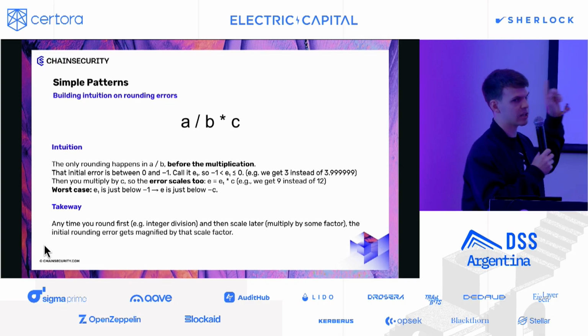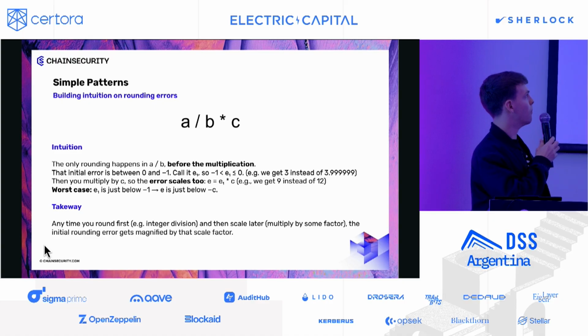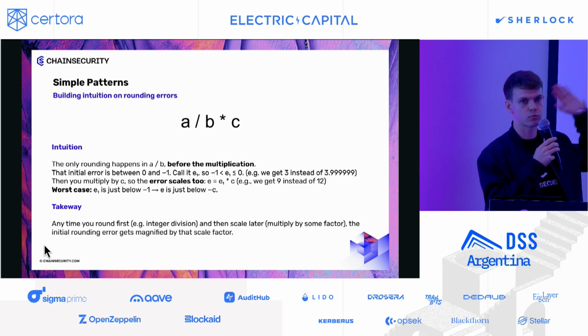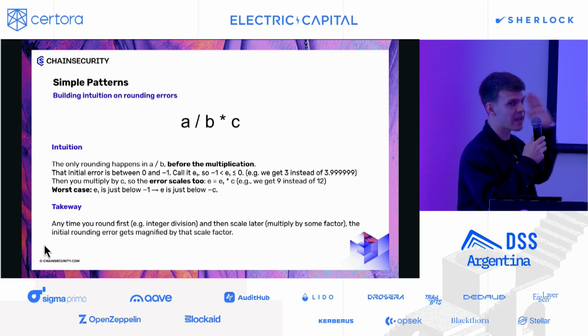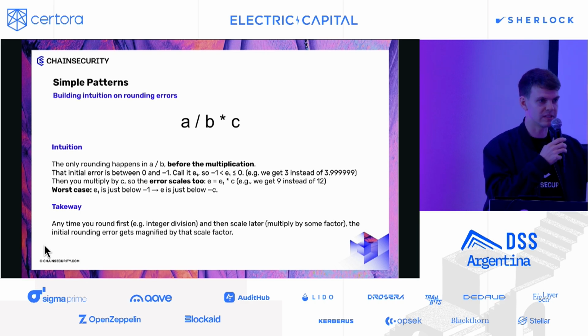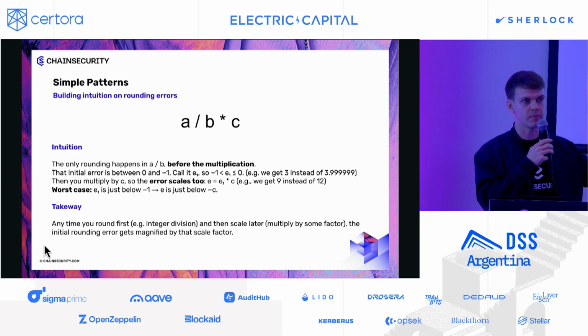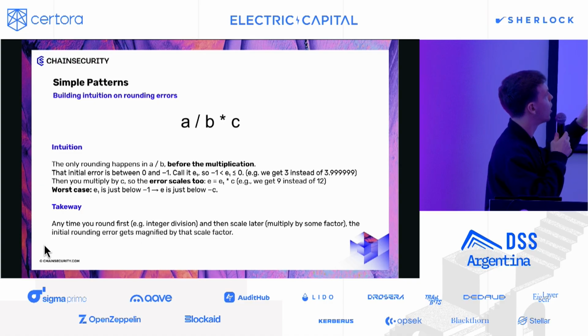Now when we have the expression we saw before, A divided by B times C, maybe you also know how it works. In Solidity, if you just write this code, of course it's going to be first A divided by B, and then the times C comes later. So as we said before, for A divided by B we can have an error of at most 1.